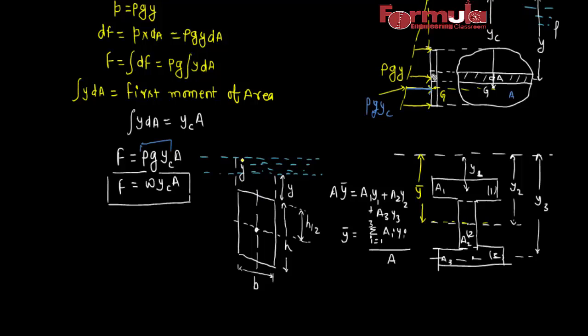So the pressure intensity over this vertical plane surface looks like this. This is our free surface, and here the pressure is varying. This is the bottom edge, and this is the pressure intensity, varying over here.